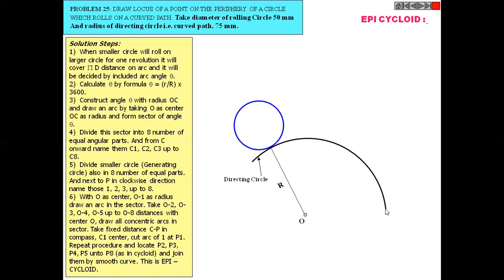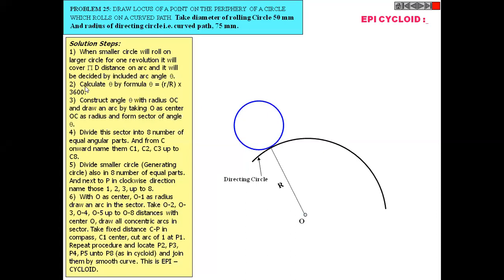Suppose this point is the end of this circumference. So find the subtended angle. It means this circumference, pi d, is equal to the length of this arc. So this arc is nothing but the radius of this circle times the angle subtended by this arc. So pi d is equal to R into theta.